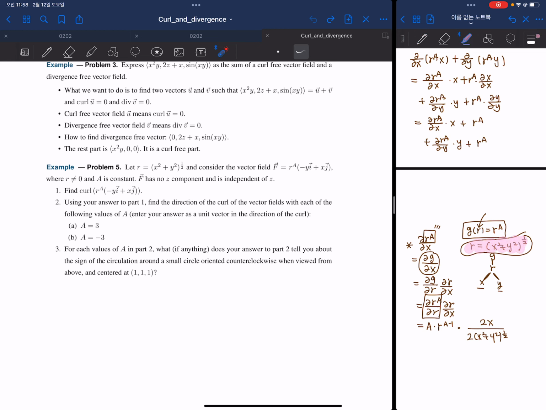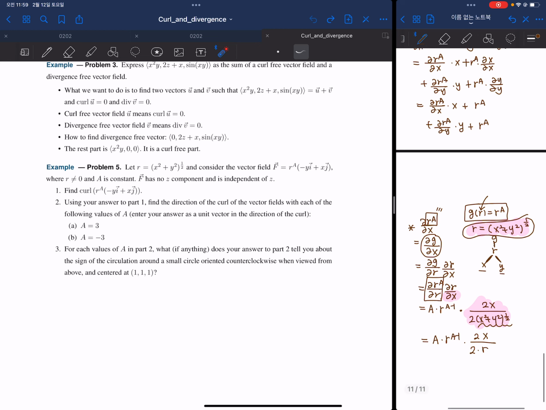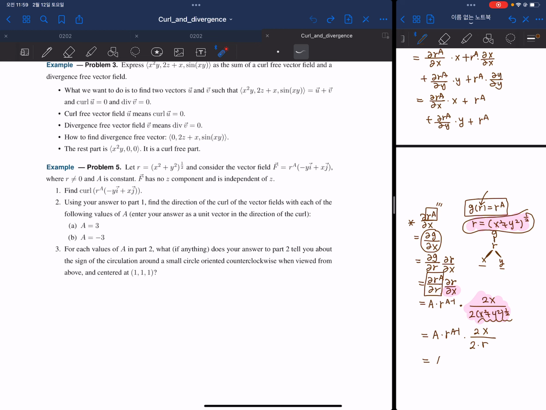Here r is given like that, so this is the derivative with respect to x. So you can say a times r to the a minus 1 times 2x over 2, and here (x squared plus y squared) to the 1/2 is r. So it is a times r to the a minus 2, because I cancelled out r, and then x.